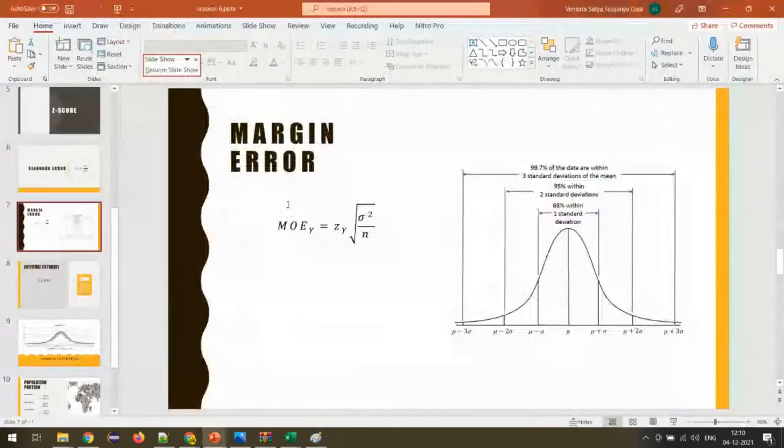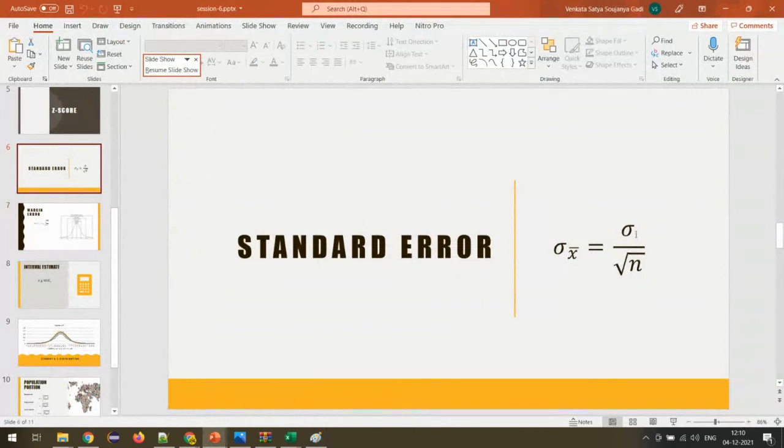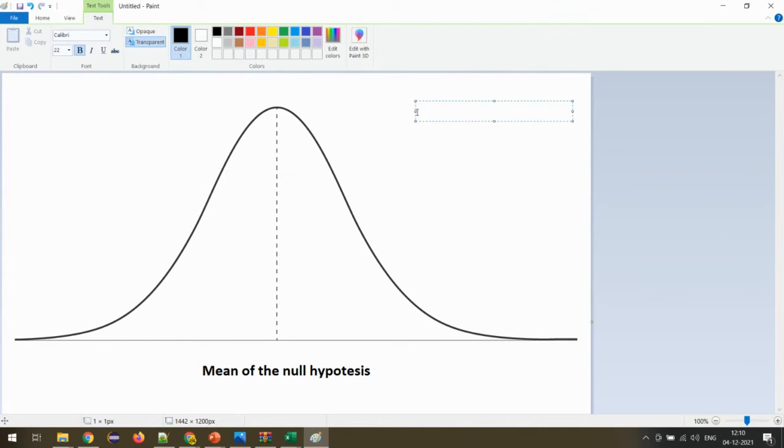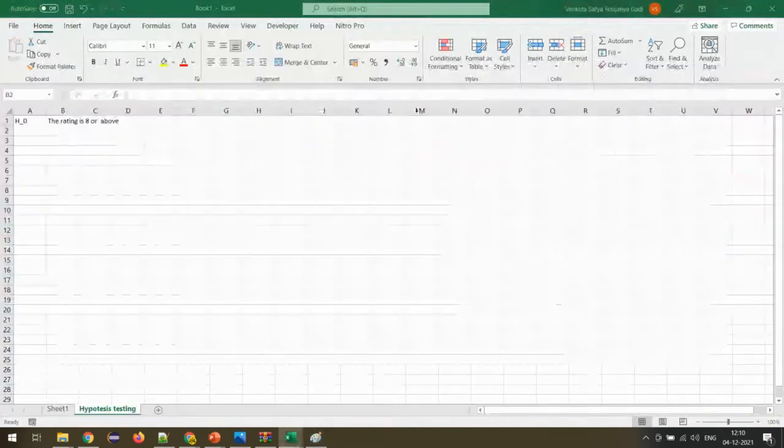Also, we learned in the previous class what the standard error is. The standard error is the standard deviation of the population divided by the square root of n, right? So we calculate it.